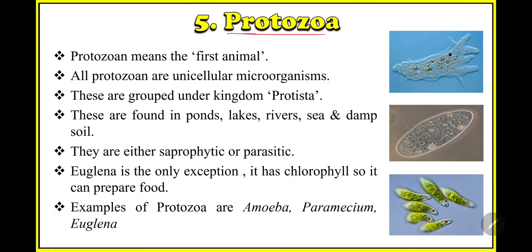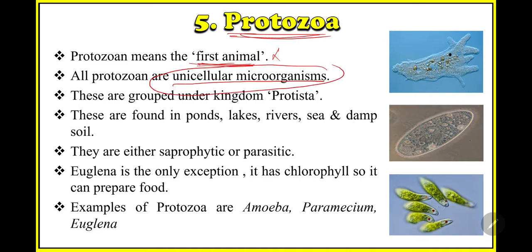Then comes protozoa. What are protozoa? Some consider them as the first animal, the organisms which came first, but there is no evidence for this. All protozoa are unicellular microorganisms. Remember this point, all protozoa are unicellular, they cannot be multicellular.